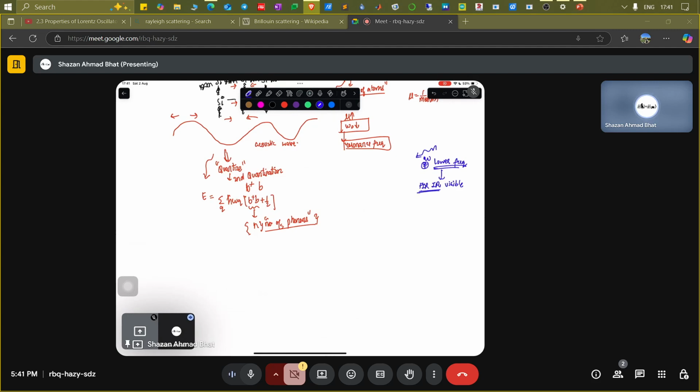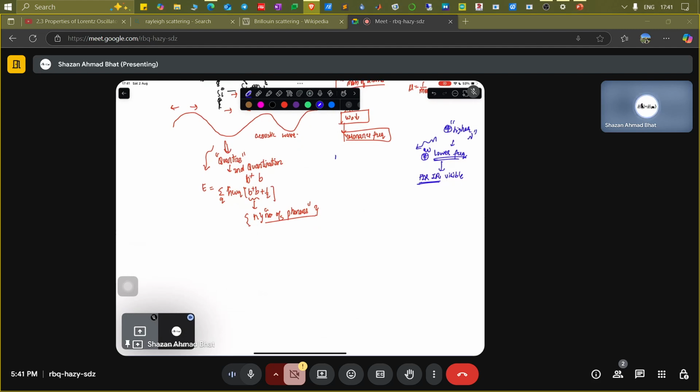These are the lower frequencies, or I should say the higher wavelengths, that are going to couple and resonate with the system. So the resonant frequency for the phonon is going to be much, much less than the resonant frequency of the electron. That is the fundamental notion.